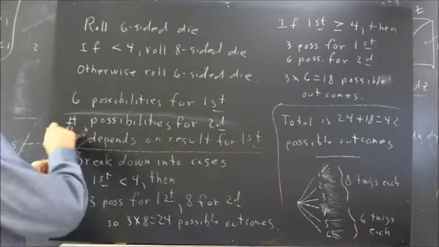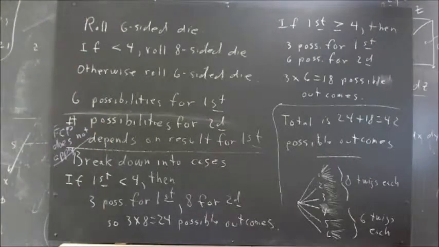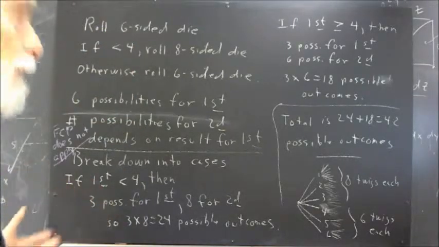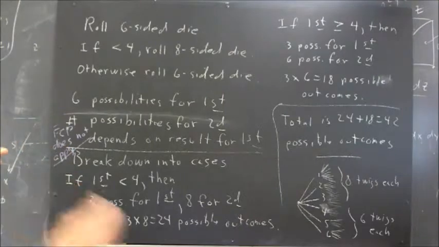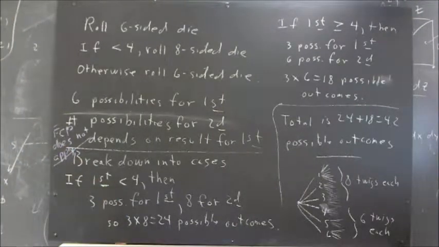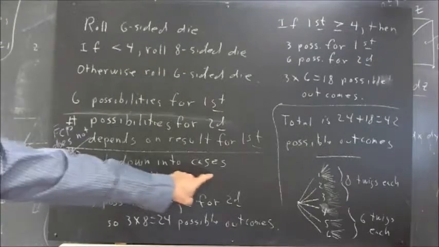I'll write that in: fundamental counting principle does not apply to the problem as stated. However, we can break this problem into 2 different sub-problems, and the fundamental counting principle can be made to apply to the sub-problems, to the breakdown. So we break down into cases.